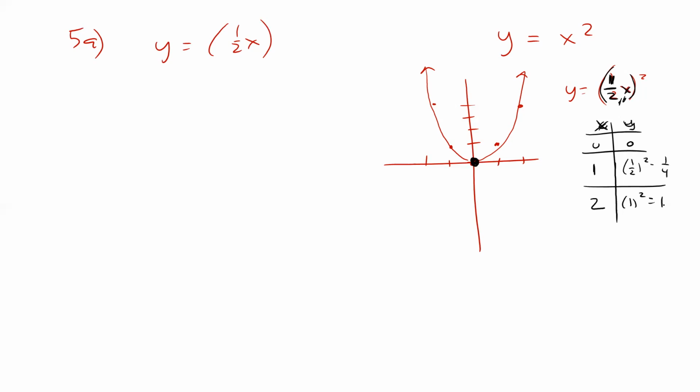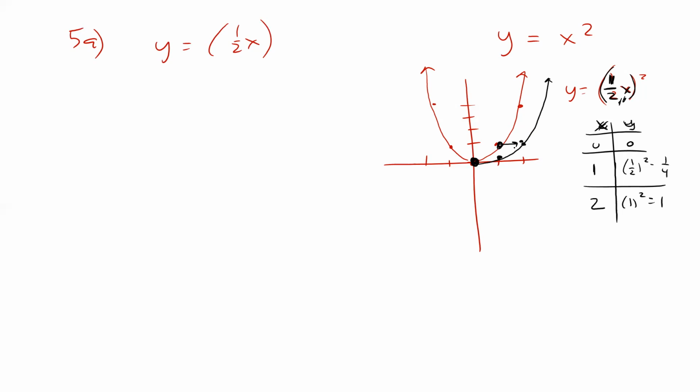So at 1, it's going to be 1/4. At 2, it gets to be a 1. So if I were to graph this out, it goes like this. In fact, it's actually even wider. So notice this particular point right here and this particular point there.